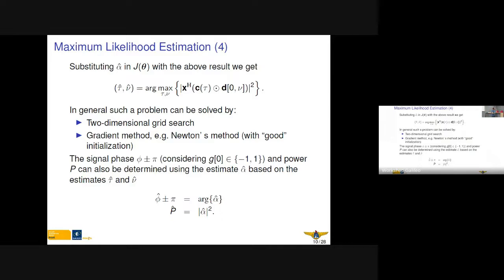Because we don't know the data symbol. But in principle, we can also derive these estimates from the estimates of time delay and nu. If they are precise enough, we can go back to the formula of estimating alpha and plug that in. We get a phi estimate with an ambiguity of pi and a power estimate.